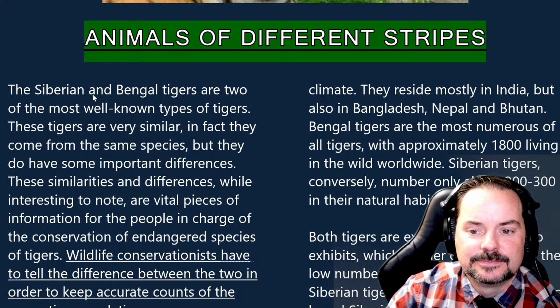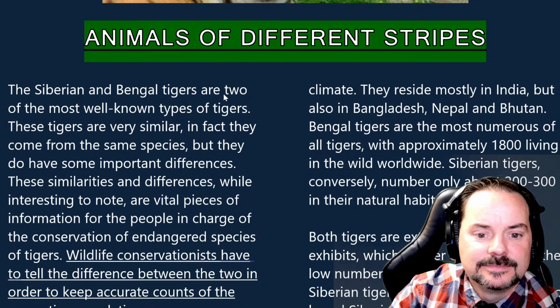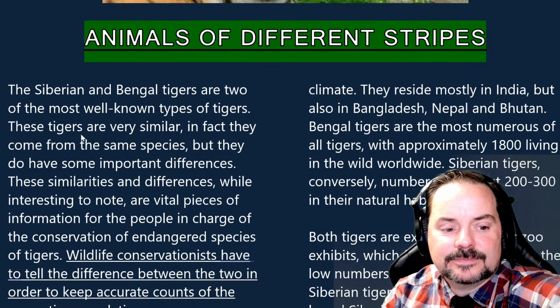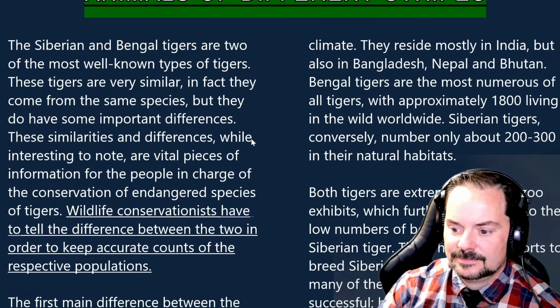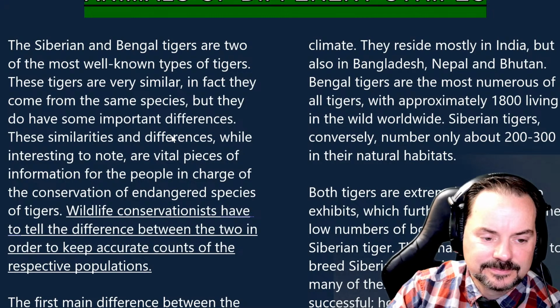Animals of different stripes. The Siberian and Bengal tigers are two of the most well-known types of tigers. These tigers are very similar. In fact, they come from the same species, but they do have some important differences.